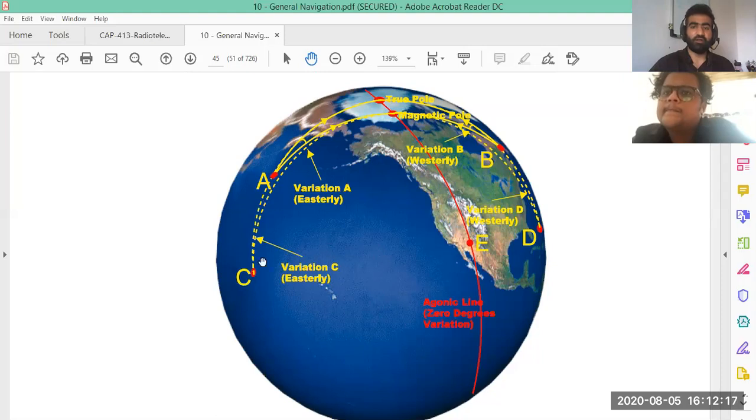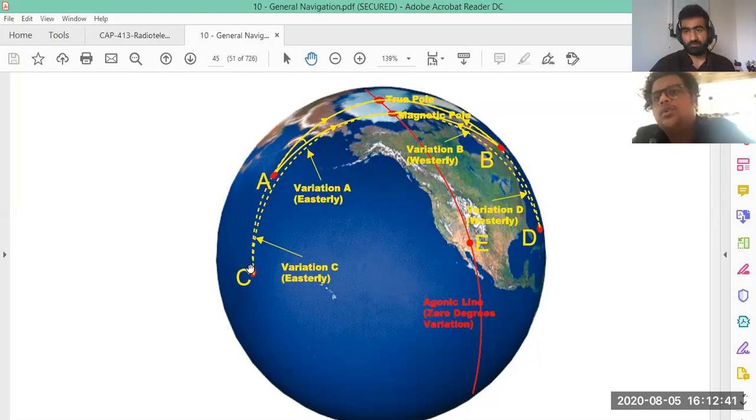But if you have another observer at C, although the variation is the same in reality, the angular difference for the observer changes because of its distance. Can you see the angle forming here? The angle is here. So the angle has increased.